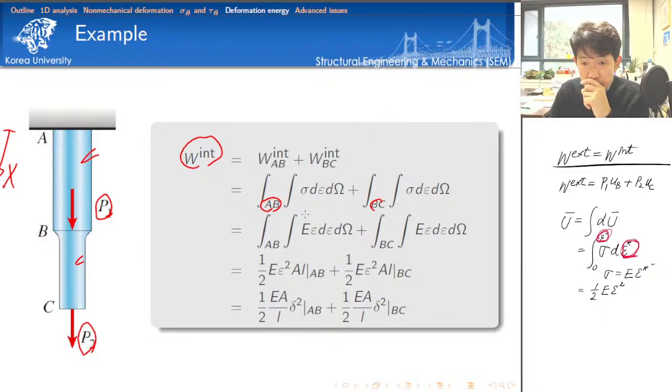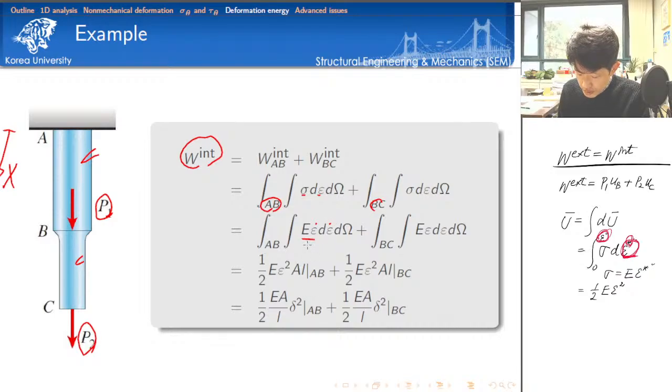Okay, so here we need to calculate the stress. We integrate the stress over the strain. And as I told you, the stress is equal to elastic modulus times the strain. In my lecture note, I just use the same variable to represent strain for simplicity.